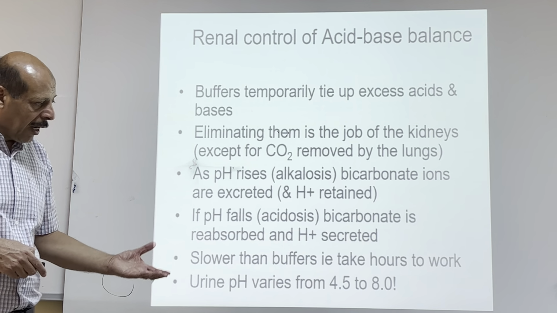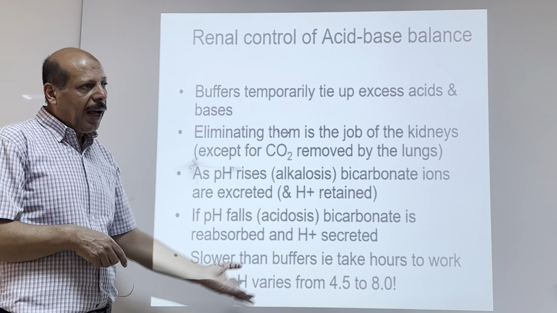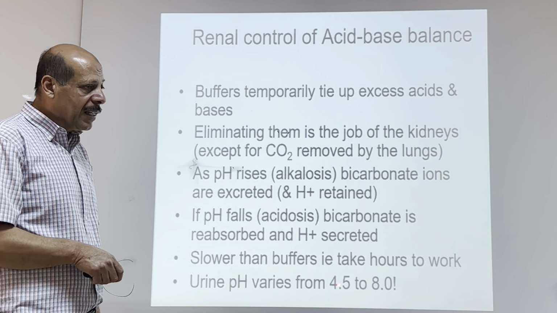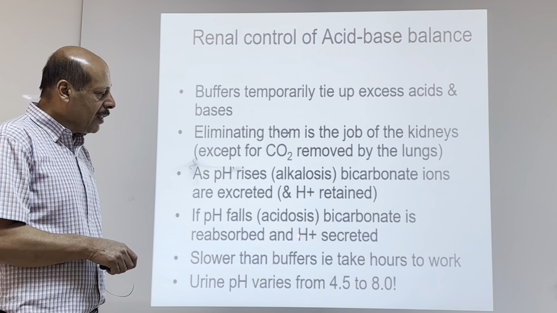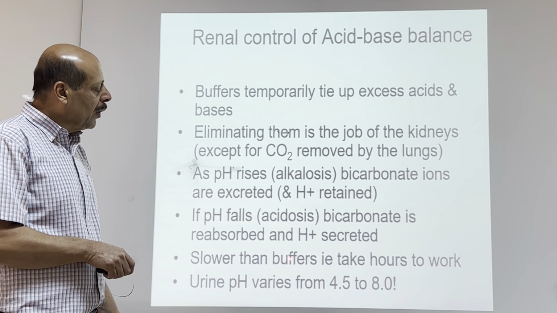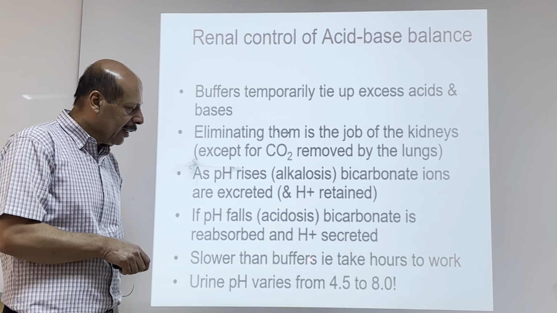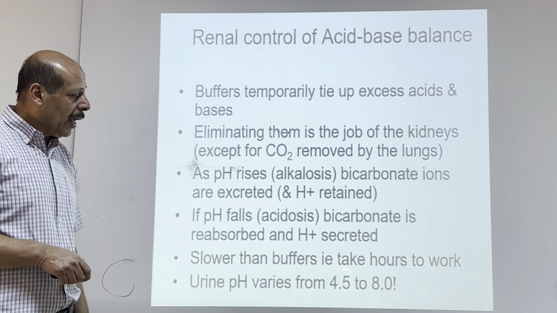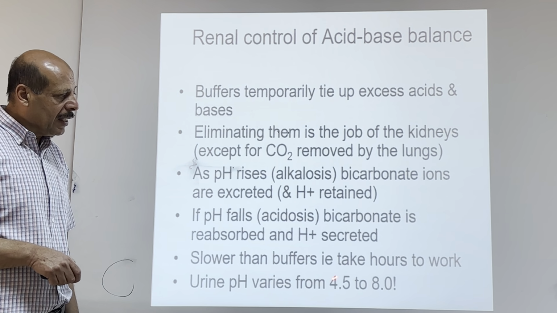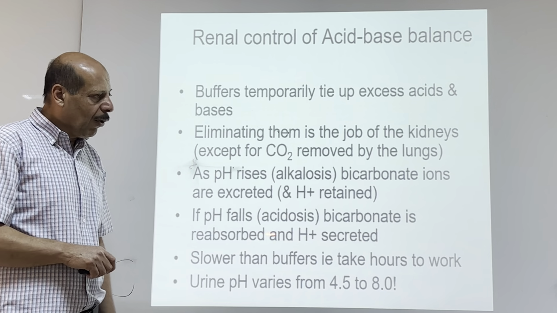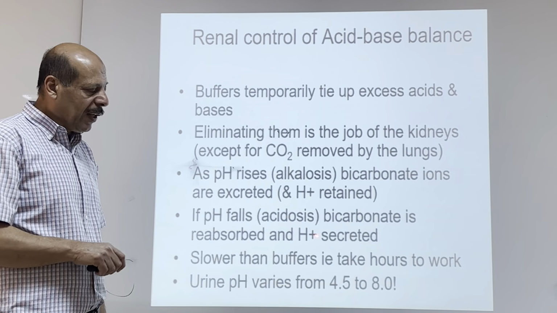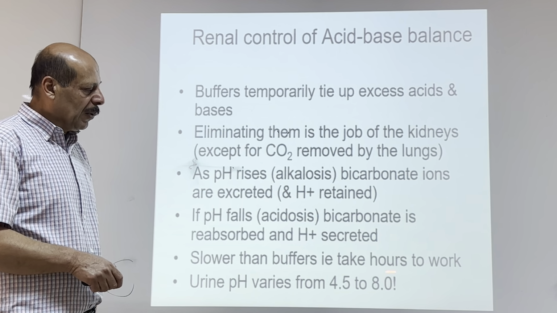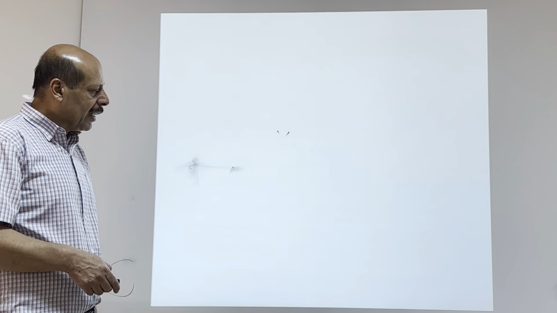So it will be acidic if the hydrogen ions are more in the blood, because the kidney will excrete more hydrogen. If the bicarbonate is more in the blood, in this case it will be going toward alkalosis or alkalinity.